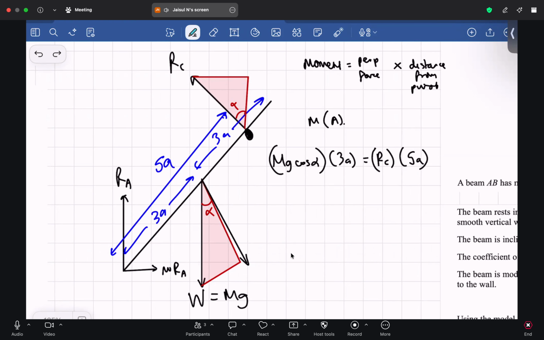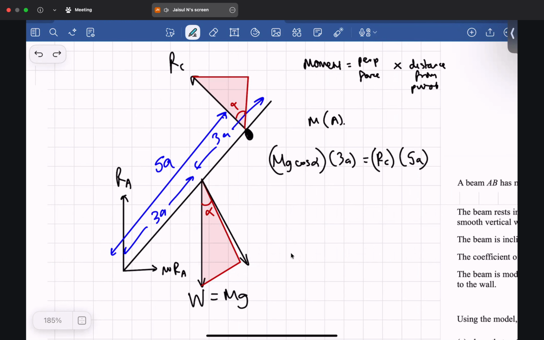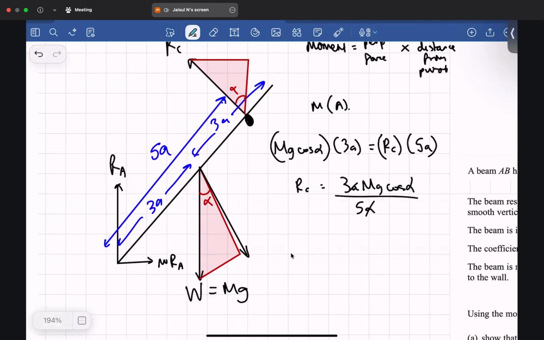It's not, it's anti-clockwise. So then they have to be equal. RC equals 3a mg cos alpha over 5a. The a's cancel. Cos alpha is 3 over 5. So RC equals 9 over 25 mg.